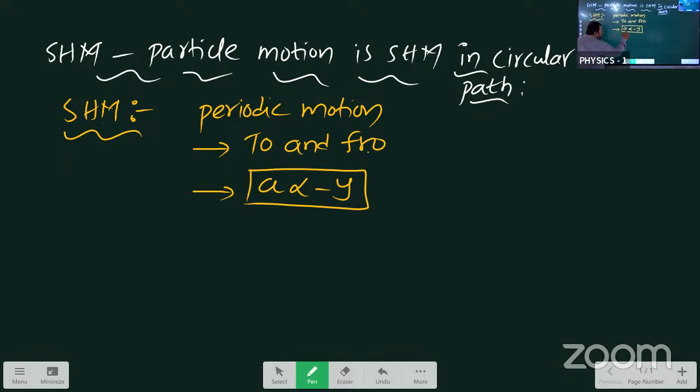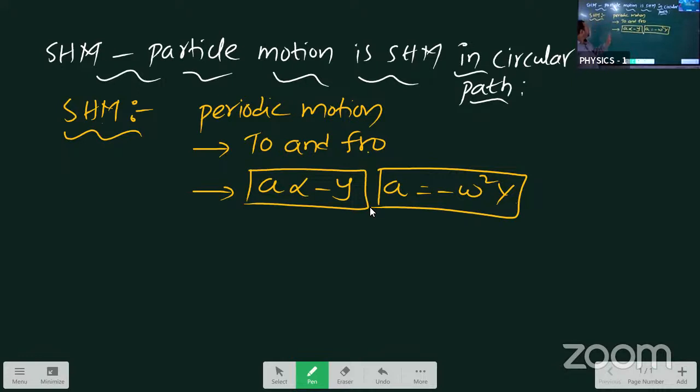If these two conditions are satisfied, that motion we call SHM. On removing the proportionality, we get a constant, that is omega square y. Minus indicates that acceleration and displacement are in opposite directions.